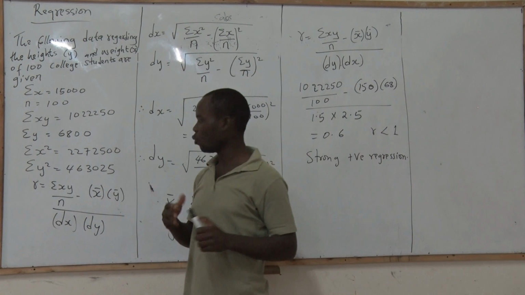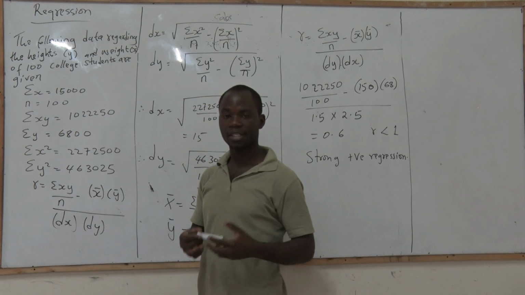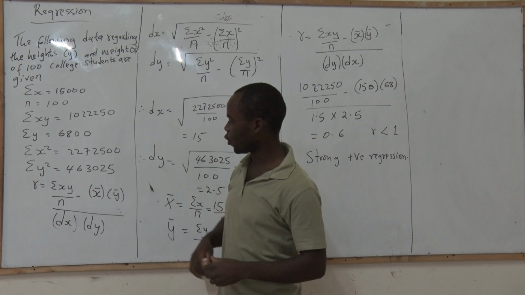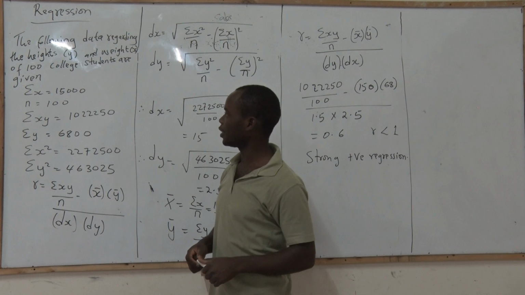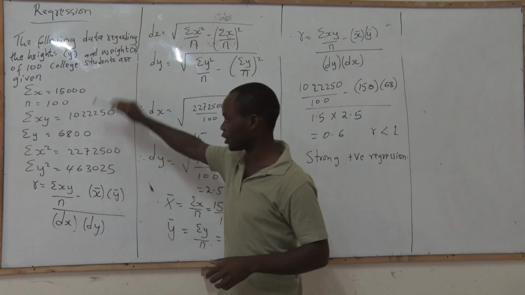So therefore, we've been given these sets of data from the statistical data analysis table. We just want to use the given data to establish the regression of this particular data.